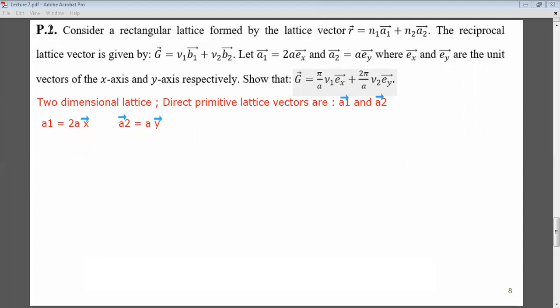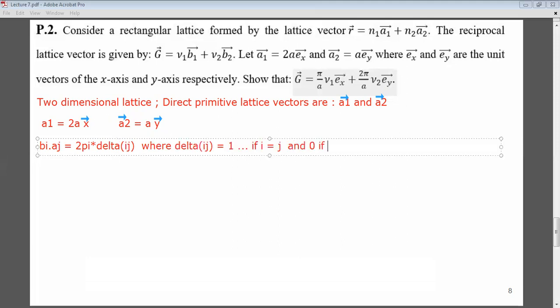But what we can use is the very useful formula Bi dot Aj equals 2 pi delta ij, where delta ij is equal to 1 if i equals j and 0 if i is different than j.